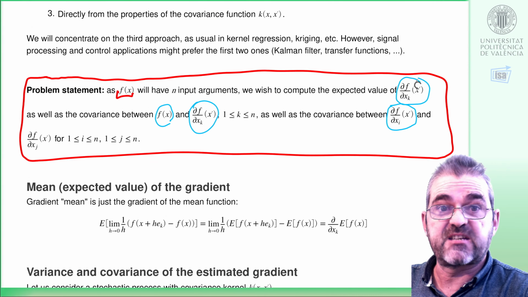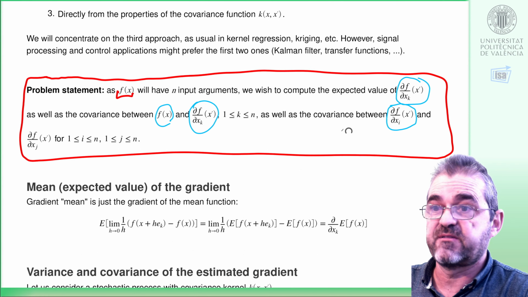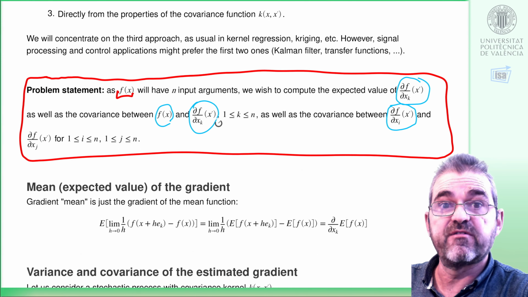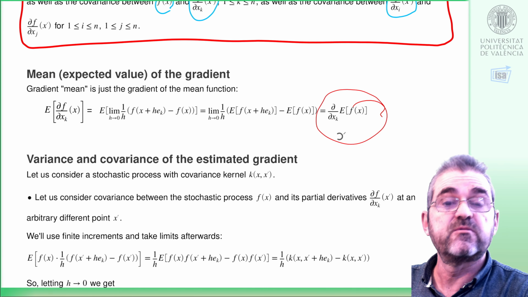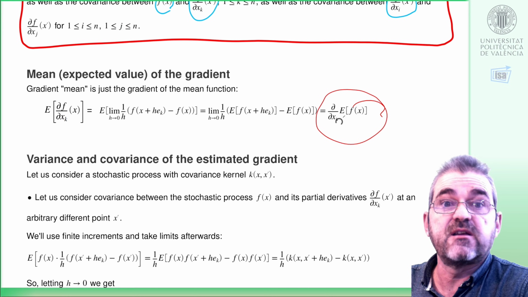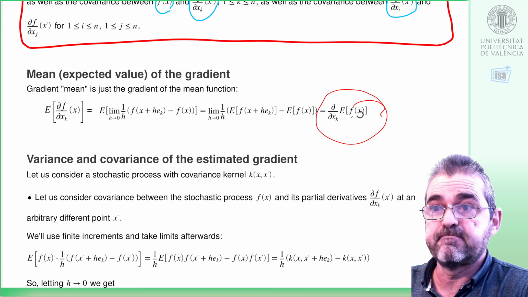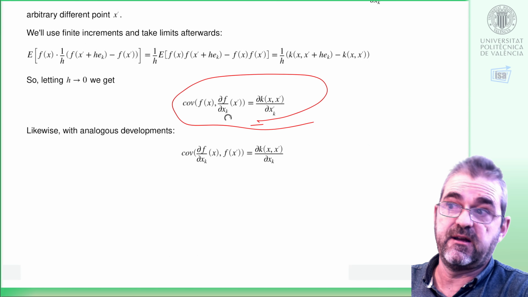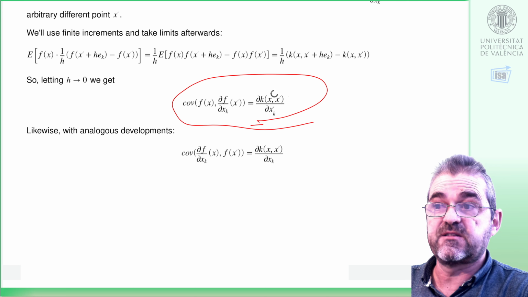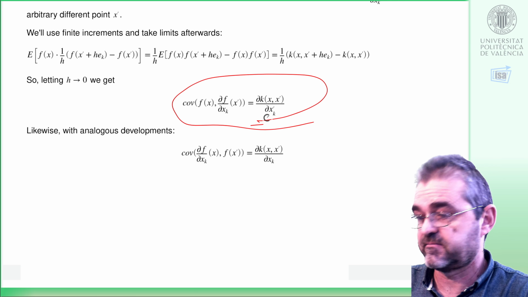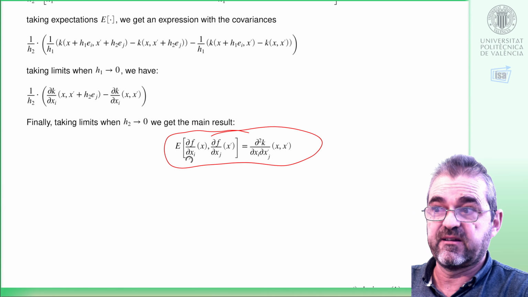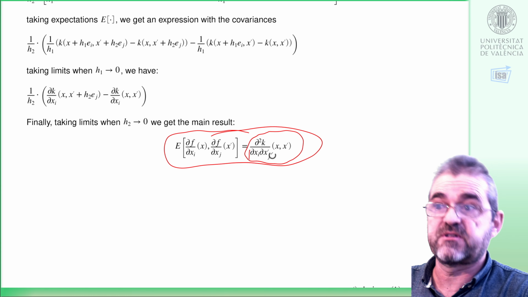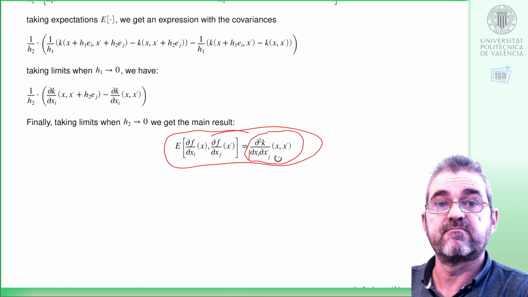Computing the expected value and the statistical properties, the covariance between partial derivatives and the original process, has been the objective of this video, and the expected value of a derivative is just the deterministic derivative of the mean, and then the covariance between the originating process and the derivative of it is the first derivative of the covariance, and the covariance of the partial derivatives themselves is obtained with the second cross derivative of the covariance function. So this is it.